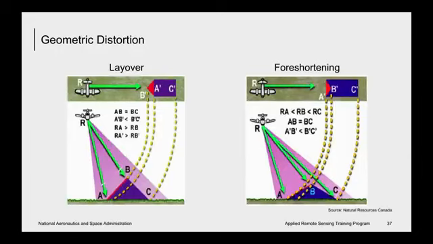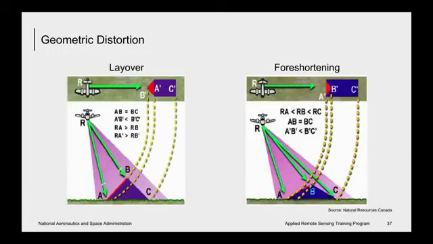As a result, the top of the feature is displaced towards the radar from its true position on the ground, and it lays over the base of the feature, which is why it's called layover. Layover is most severe for small incidence angles, at the near range of a swath, and in mountainous areas.